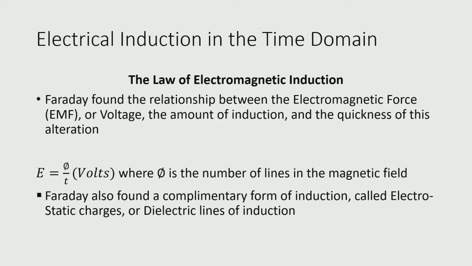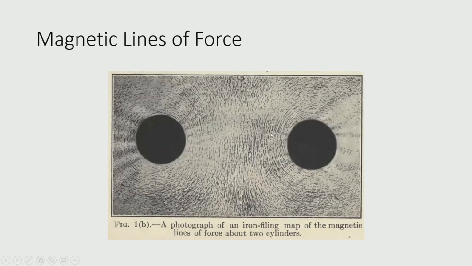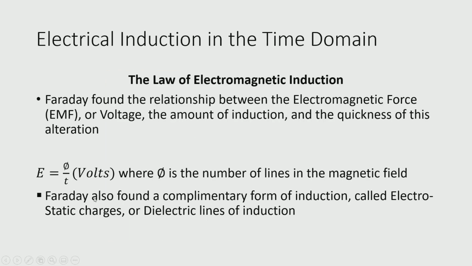So he found a relationship between the voltage, the induction, and the alteration, which is time. So we have E equals phi over T, and phi is going to represent the number of lines in this magnetic field. So you count each individual line, that's going to be your phi. And this is going to be measured in volts, so E is voltage, okay?